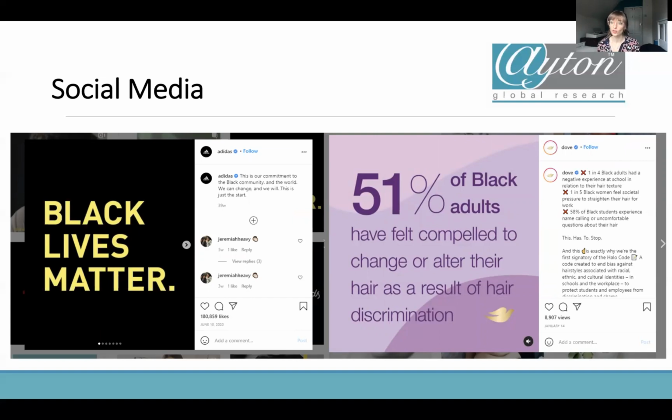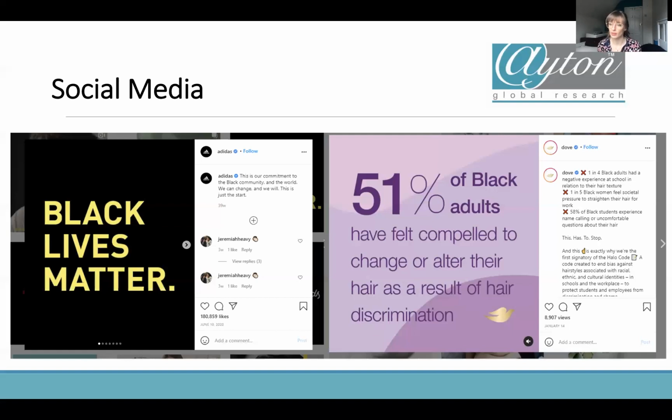But another brand that's gone even further than that was Dove. And they got some social market research data about how it worked with hair, because obviously they've got hair products. So 51% of Black adults have felt compelled to change or alter their hair as a result of hair discrimination. And they had some other data on the side there as well, from that research.